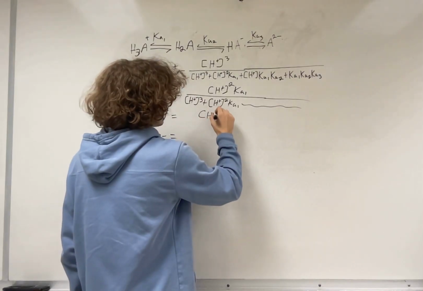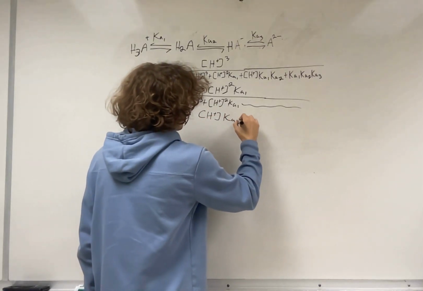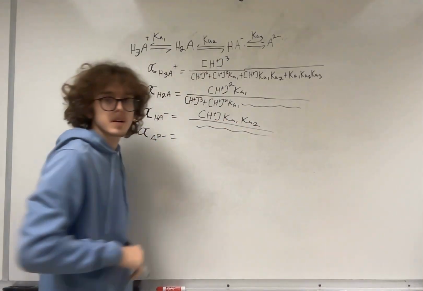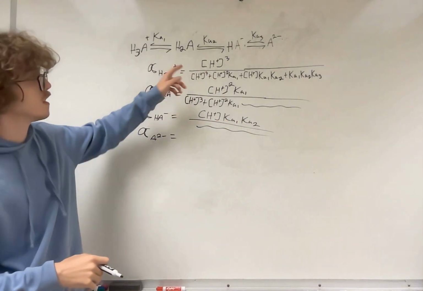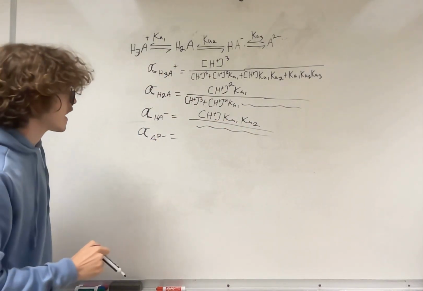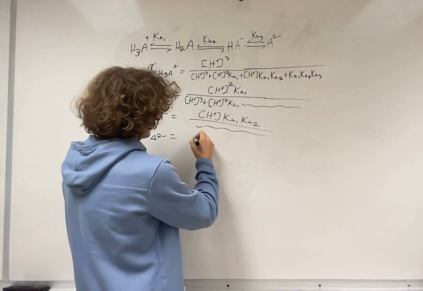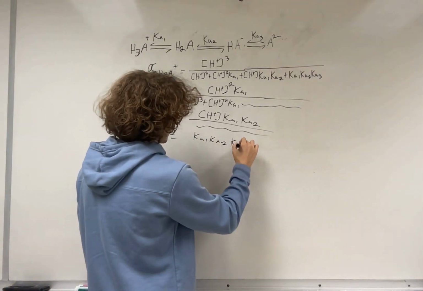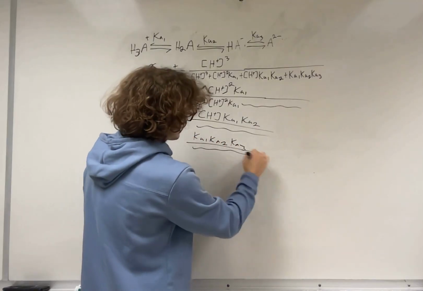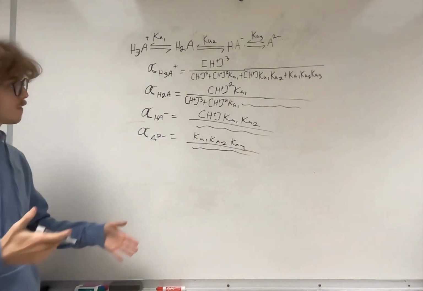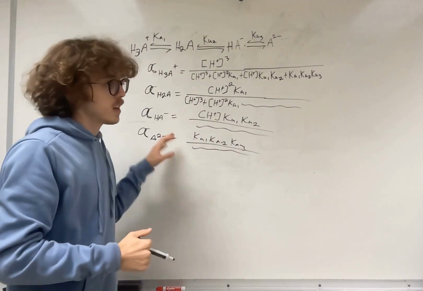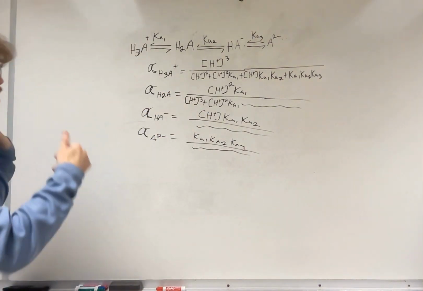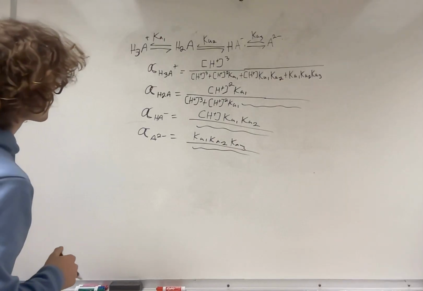It's H plus Ka1 Ka2 over all that denominator junk we defined. Final one: Ka1 Ka2 Ka3 over all that denominator junk. I just don't feel like writing it all out.